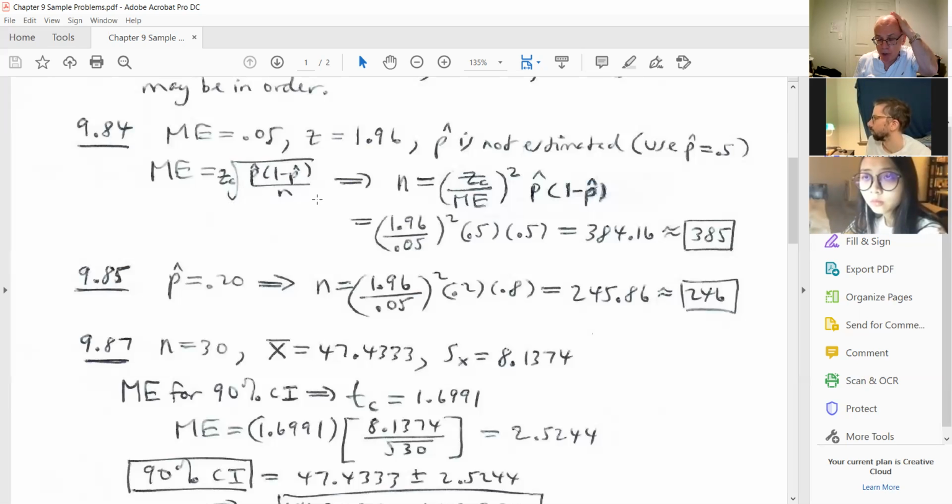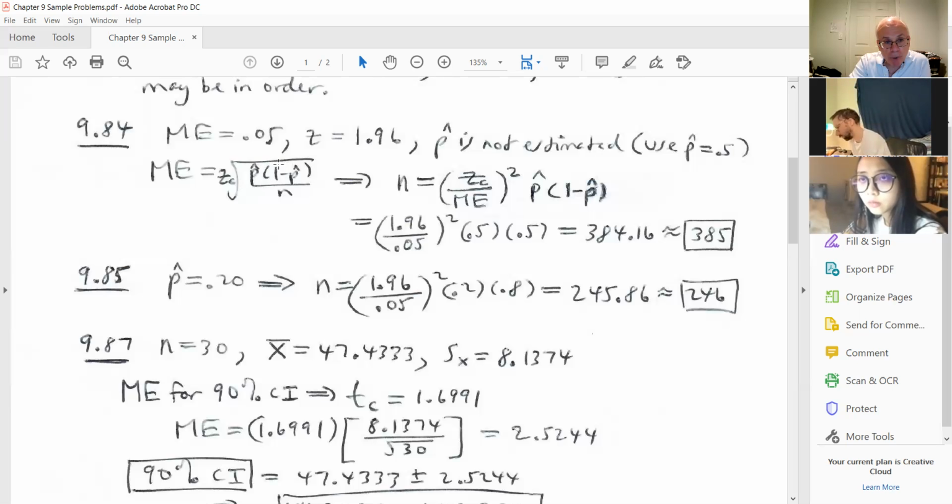So the question is, what do you use? And the answer is, you're going to use the most conservative estimate for p hat, which is 0.5. If p hat is 0.5, 1 minus p hat is also 0.5, and when you multiply those two numbers, 0.5 times 0.5, you get 0.25.